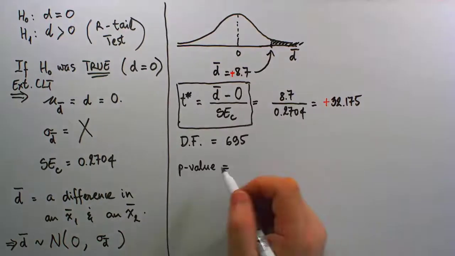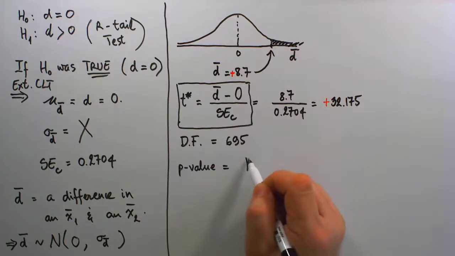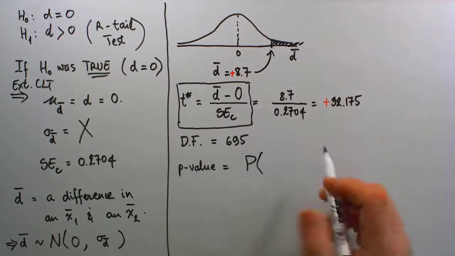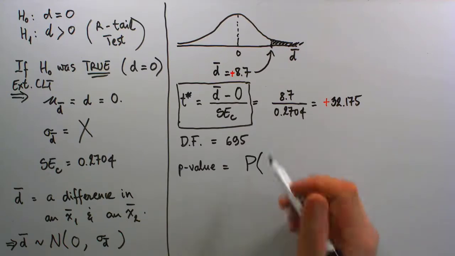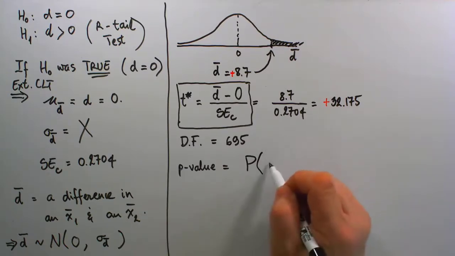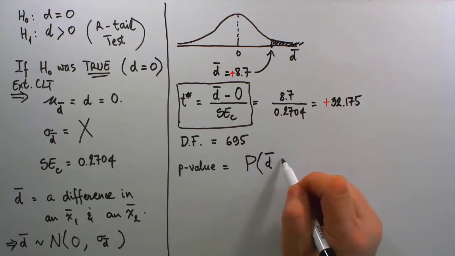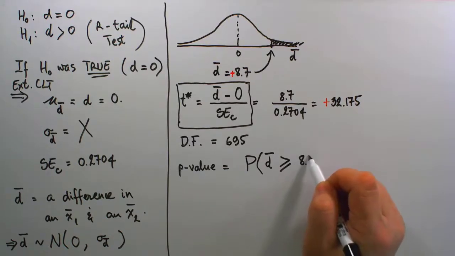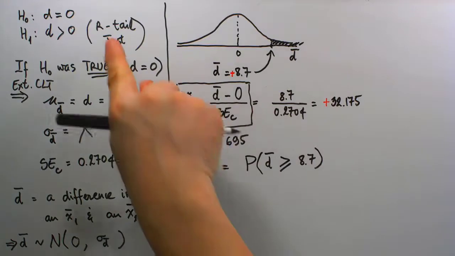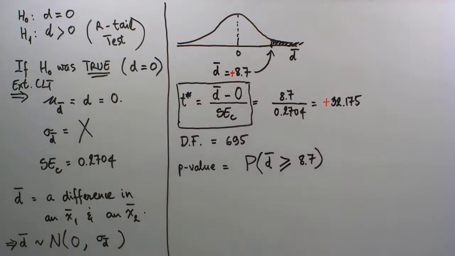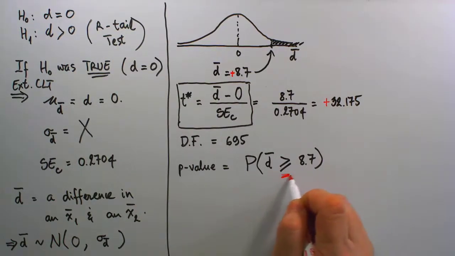Here is the setup of the calculation work. We want to find the probability that among all sample d bar values out there, our d bar is greater than or equal to 8.7. It's a right tail test, and that's the reason why I'm using this right tail inequality.